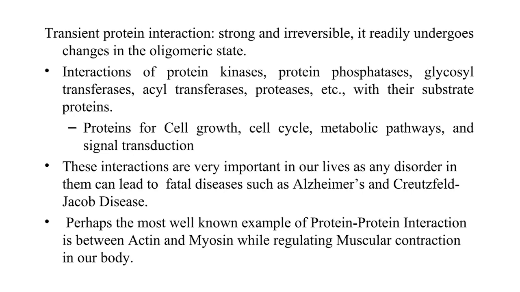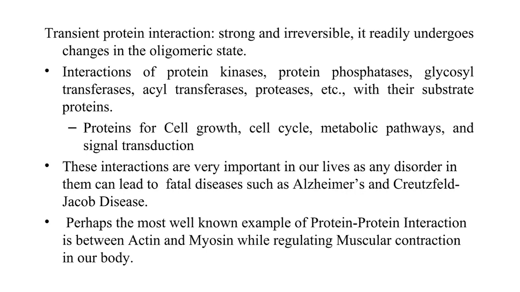Now, there are transient protein interactions, as opposed to those that are strong and irreversible, which readily undergo changes in the oligomeric state. These include the interaction of different protein kinases, protein phosphatases, glycosyltransferases, acyltransferases, and different proteases that cleave proteins, with their substrate proteins.